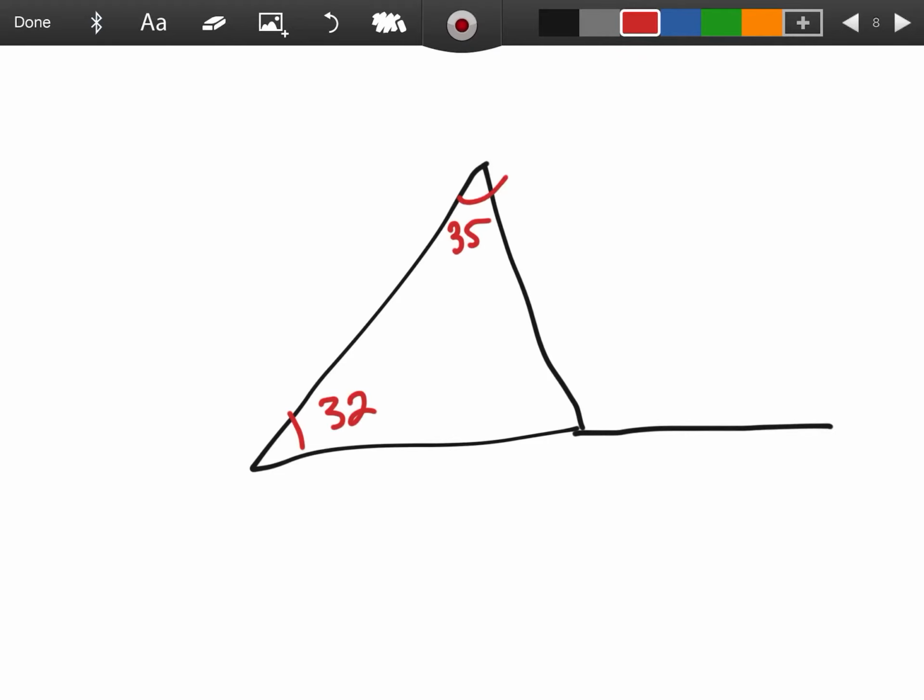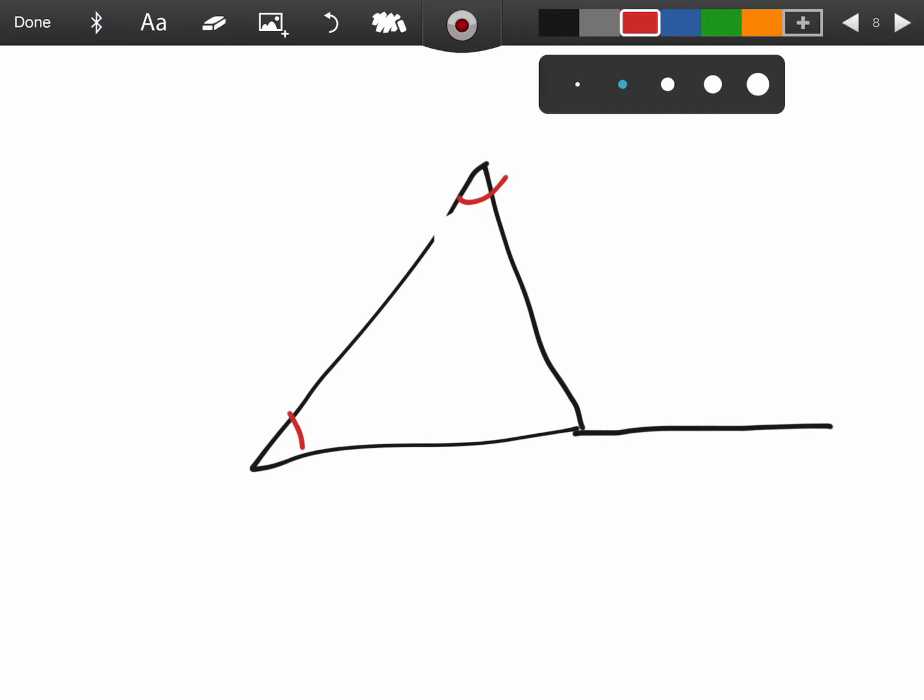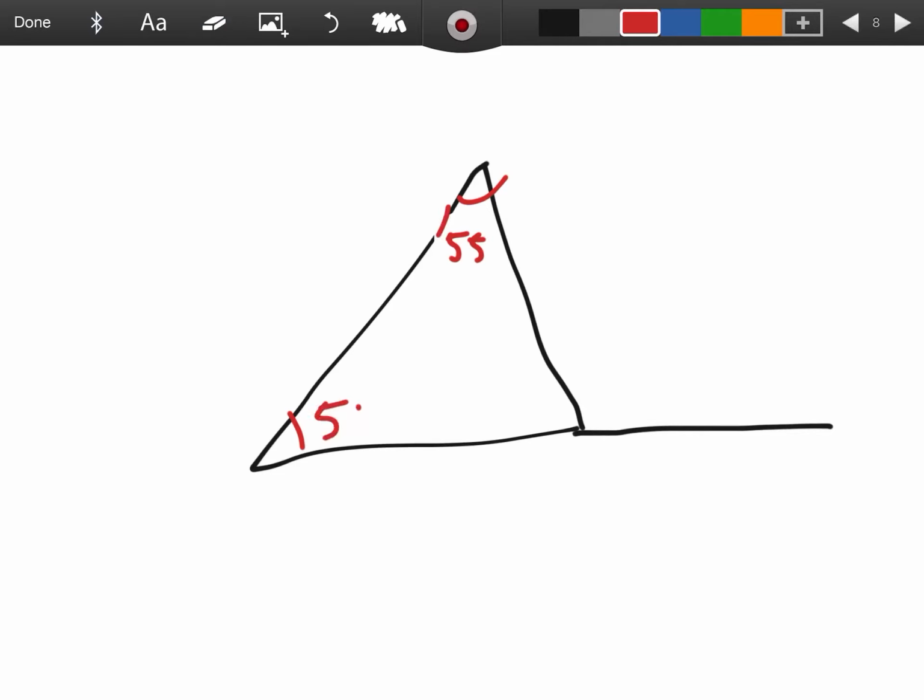This here, that's probably not very accurate. Let's just change it so it makes a little bit of sense. Let's say that this is 55 and this is 52. Well, what this theorem is telling us is that this angle right here is equal to 55 plus 52. So that would be equal to 107.